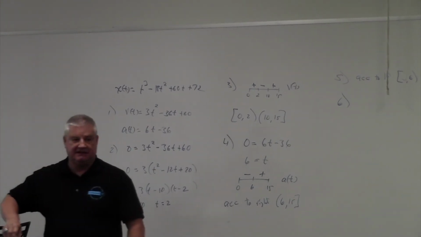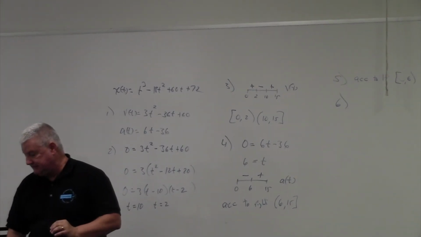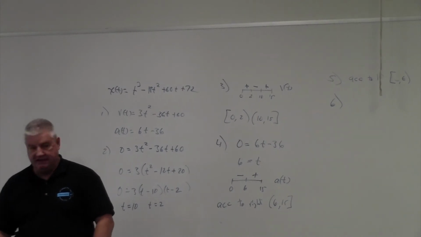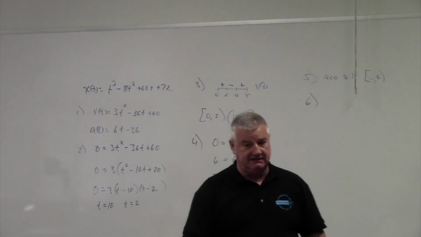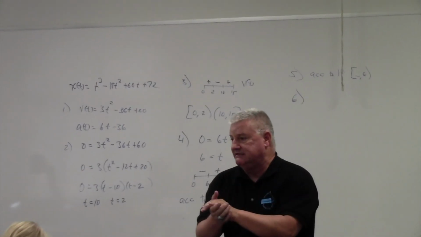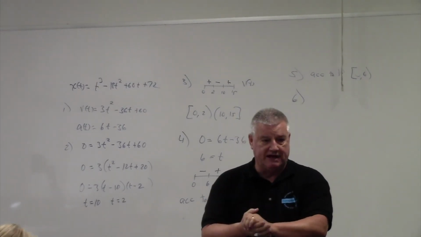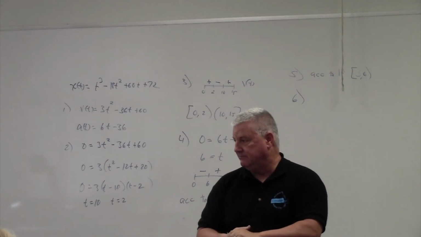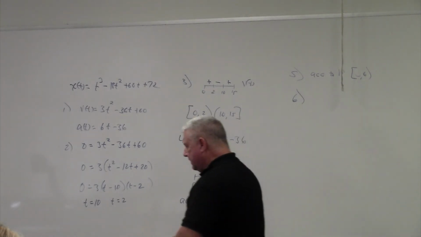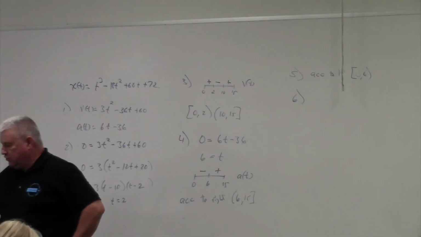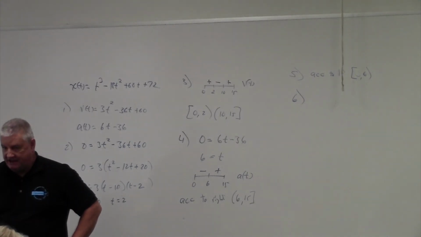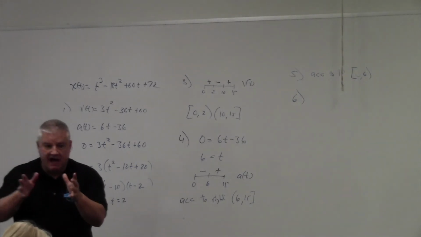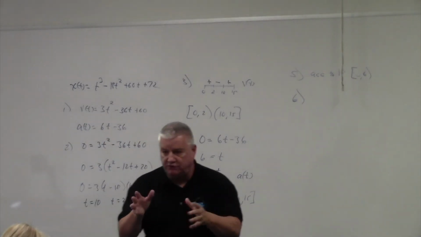Now, number 6 and 7 are the main reason I do the crazy Wayne problem in calculus class. Number 6: when is the trailer slowing down? All right. Now, in the context of the problem, don't do the calculus yet.